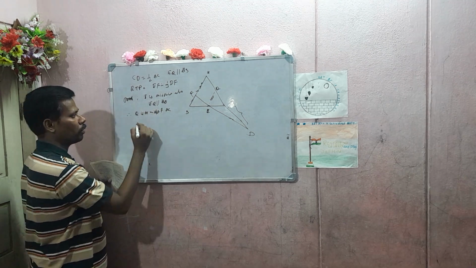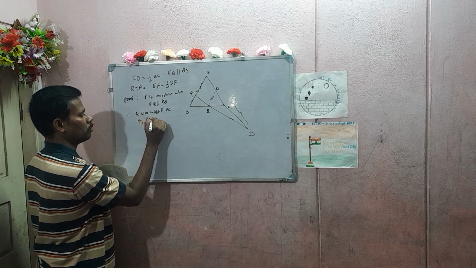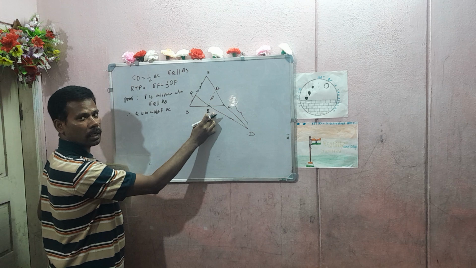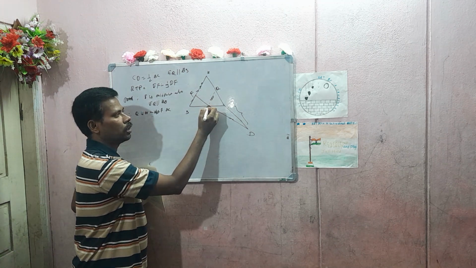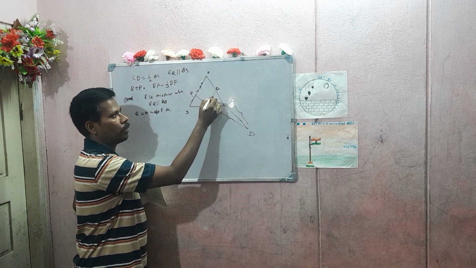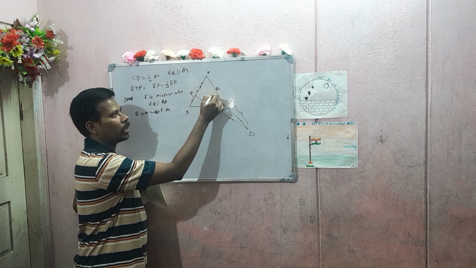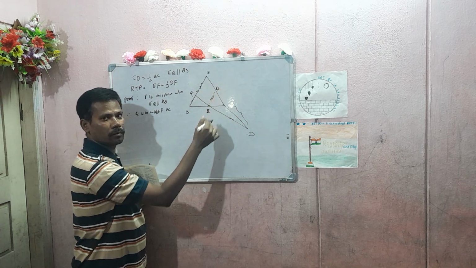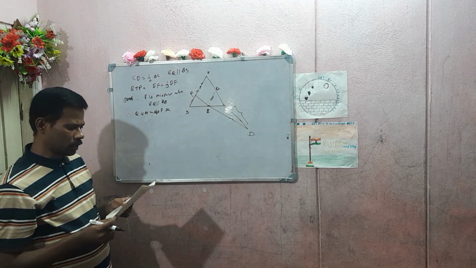Why? Because of the previous theorem. What does that theorem suggest? If the line segment joining the midpoint of one side of a triangle is parallel to the third side, the base, it bisects the other side. That is the theorem.